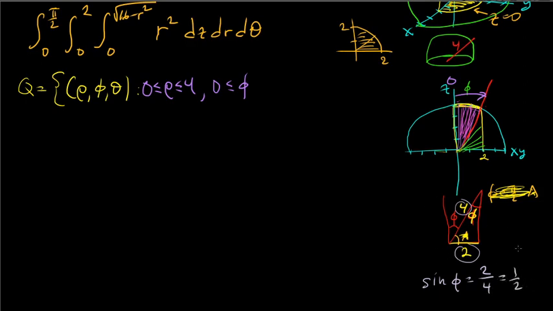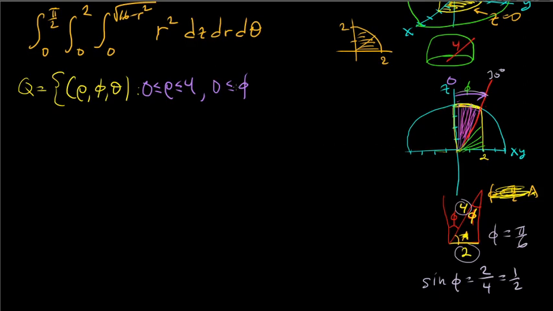And so phi is the arcsine of 1/2. And the arcsine of 1/2, I believe, is pi over 6, right? 30 degrees. And that looks about right. This looks like 30 degrees here, from the z-axis. Obviously, it's 60 from the xy plane, but that's not how we measure phi. Phi is measured from the positive z-axis downward.